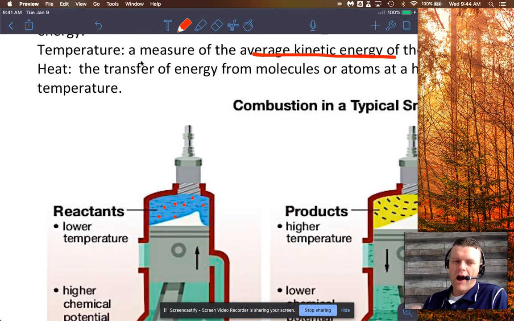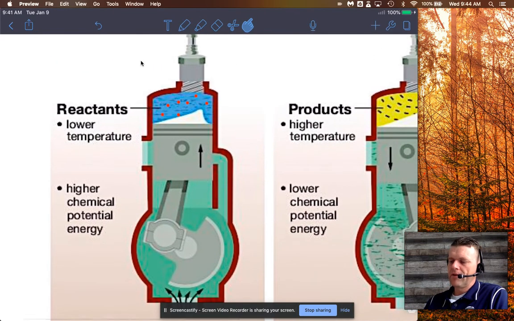But they have high chemical potential energy because those gas molecules have a whole bunch of bonds between their molecules, and if you break those bonds, you can release a whole bunch of energy. So in this first picture here, we have low temperature, low kinetic energy, and that's actually what we should note here. This is kinetic energy, but we have a high potential energy.